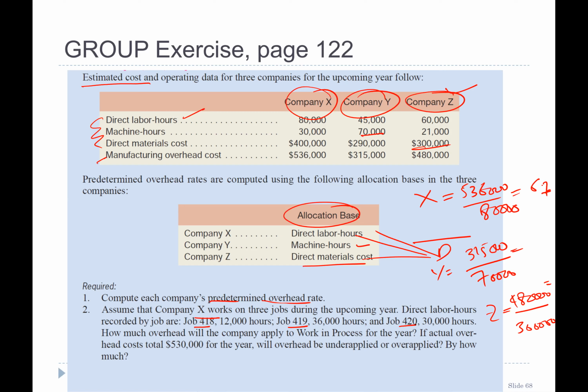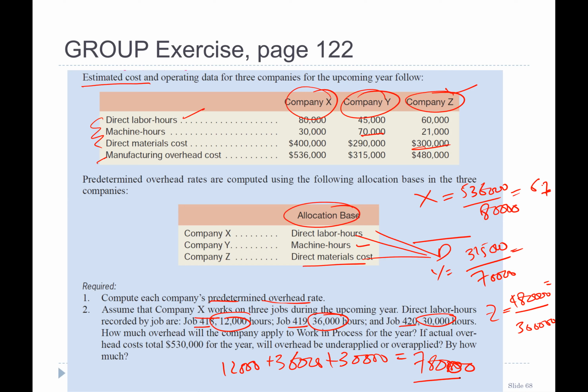And they have incurred direct labor hours of 12,000, 36,000, 30,000. So 12,000 plus 36,000 plus 30,000 is 78,000. Right? So that is the actual direct labor hours.